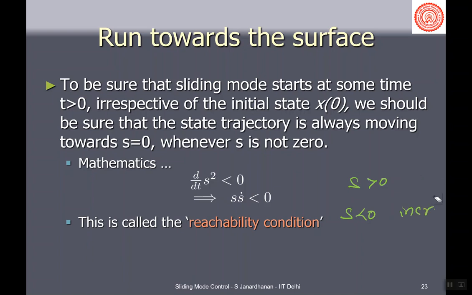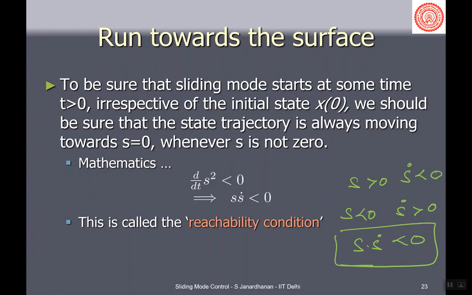So when S is greater than 0, S dot should be less than 0, and when S is less than 0, S dot should be greater than 0. When S is equal to 0, we'll handle that separately. So what we have here is that S times S dot should be less than 0.